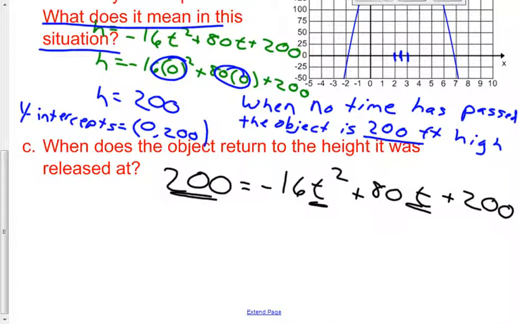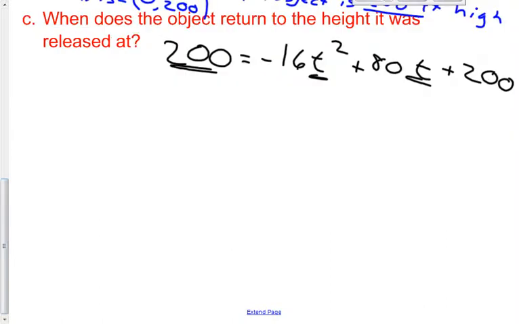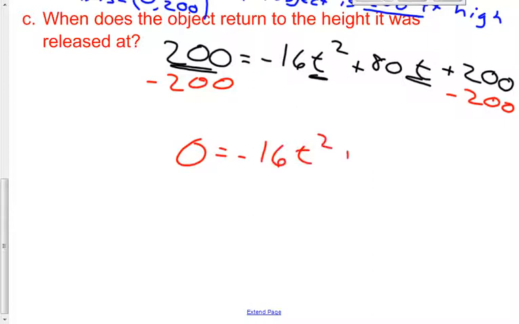So let's just solve for t. I'm going to get a 0 on the left side by subtracting 200. So now I have a 0 on the left. That equals negative 16t squared plus 80t, and then plus 200 minus 200, that just gives me 0.